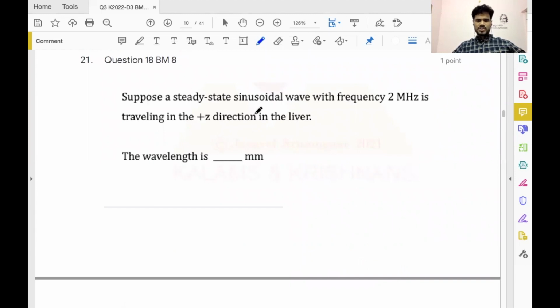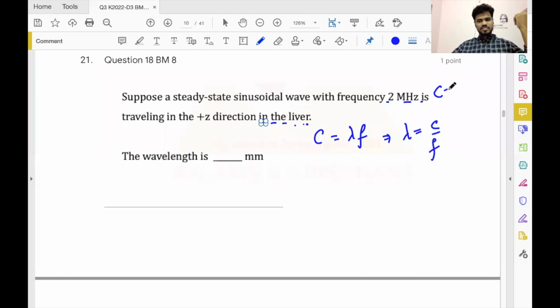Suppose a steady state sinusoidal wave of given frequency is traveling in the z direction. The wavelength is asked. This is traveling in the liver, we are not talking about light. So just assume speed to be 1500 and move on. We have C equals lambda f, so lambda is C over f. And if C is not given, assume it's 1500 meters per second, and get the answer in mm.